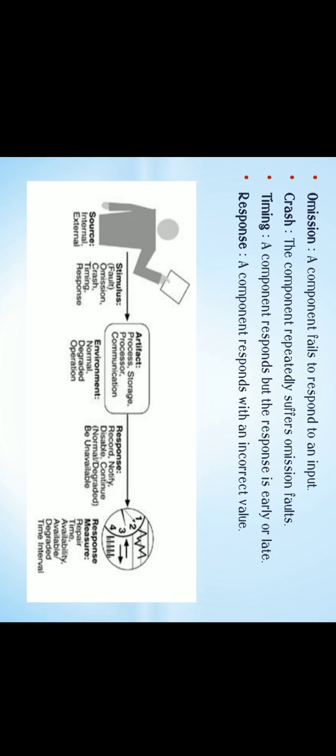Next is the stimulus, which is provided by the source to the artifact, also known as the environment. The artifact provides a response that is measured in the response measure using graphs, etc.